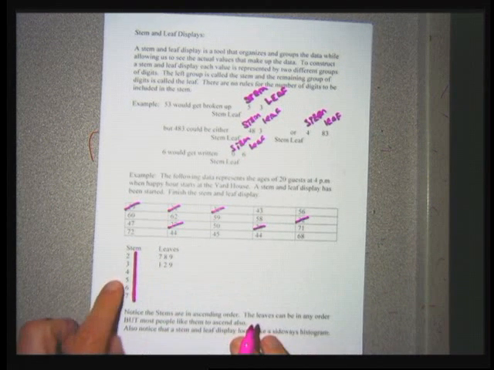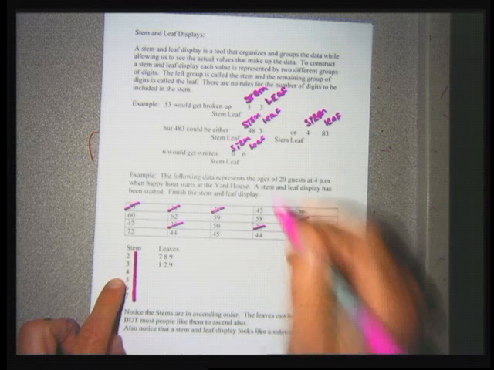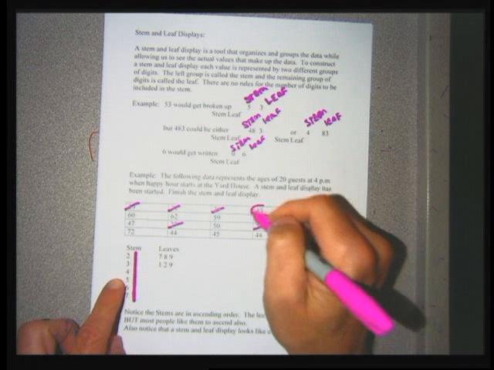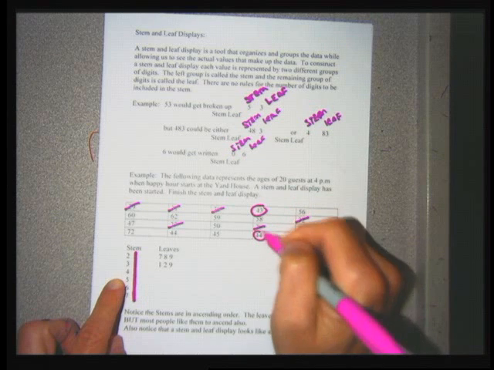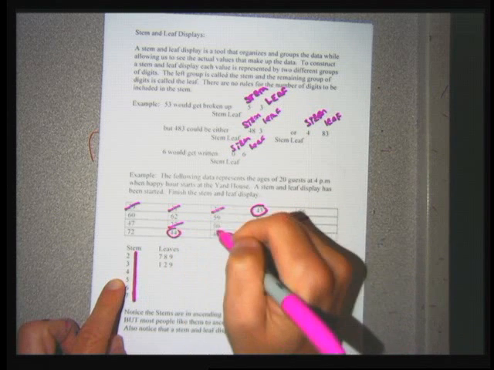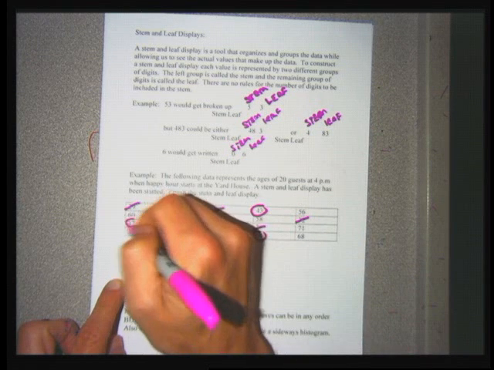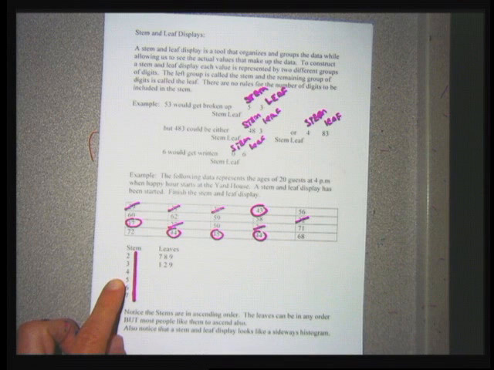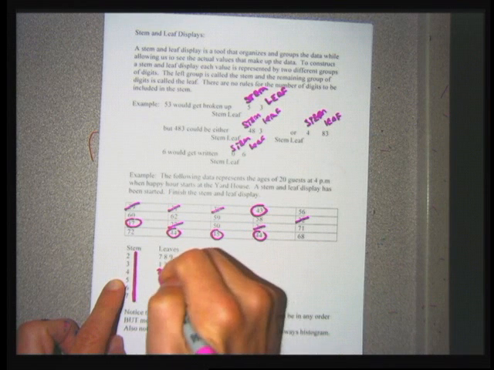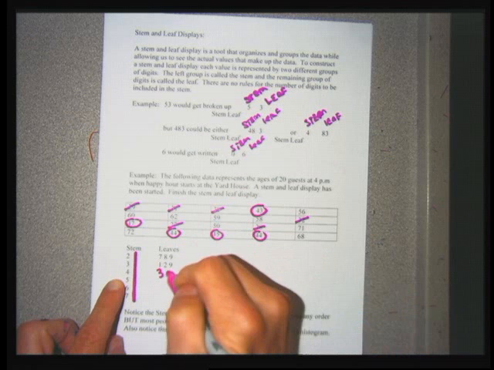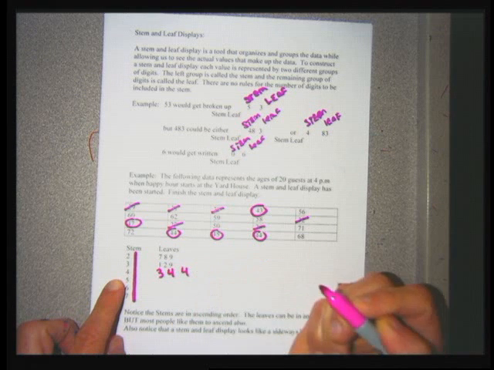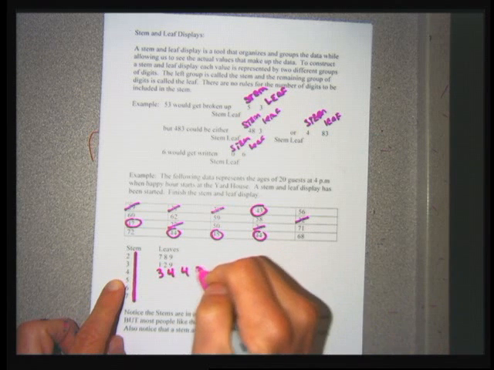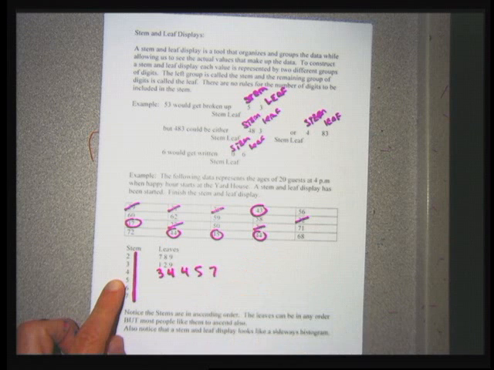Now next to the 4, I need any person in their 40s. And what do I see here? I see 43, 44, 44, 45, and 47. So next to the 4, I'm going to write 3 for the 43-year-old, 4 and 4 for the 2 44-year-olds, and then 45 and 47.